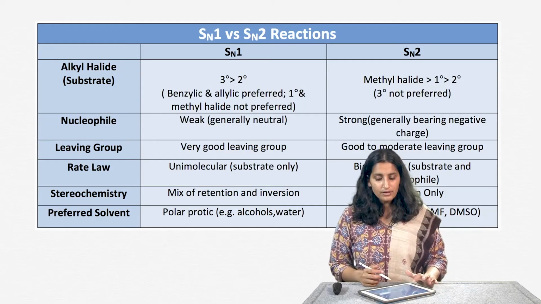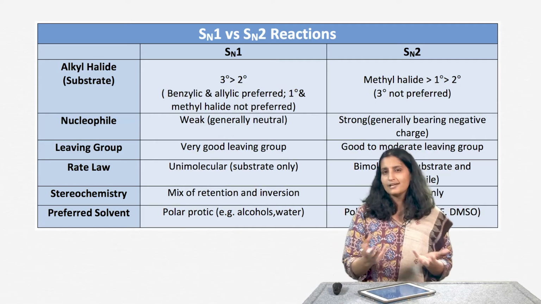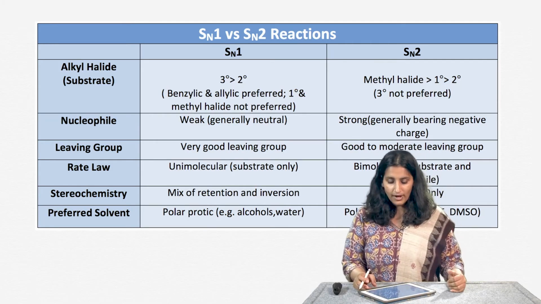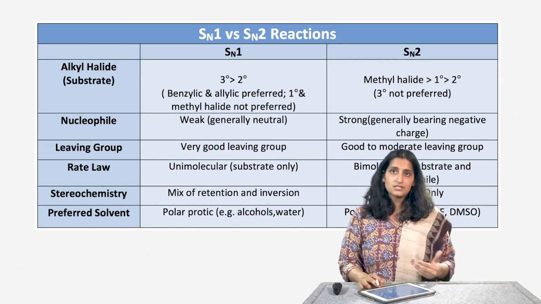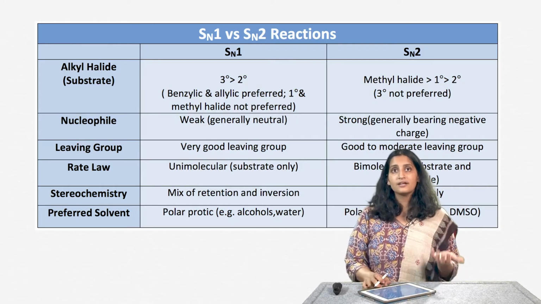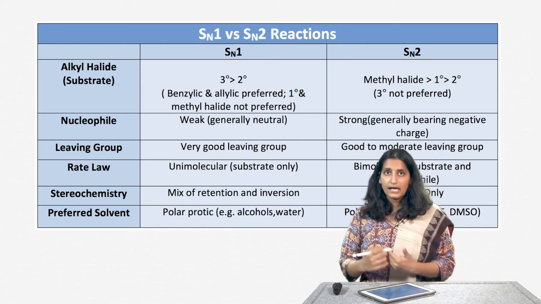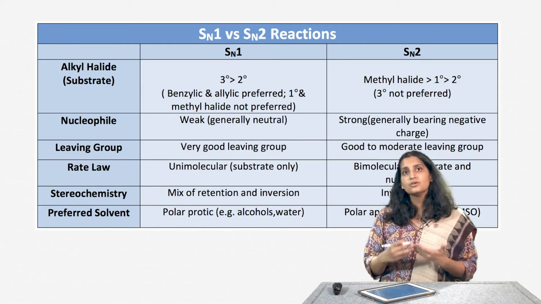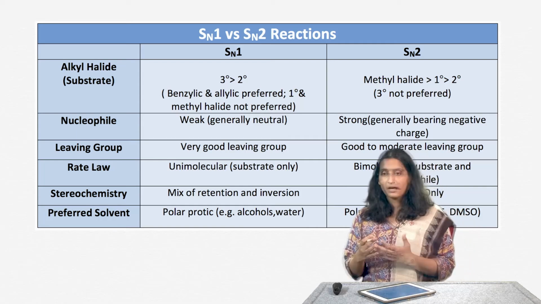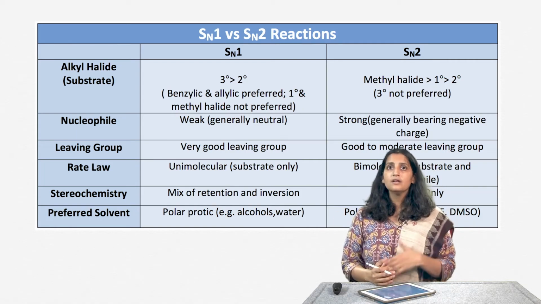So far we have looked at SN1 reactions and SN2 reactions, and let us summarize what they require. SN1 reactions are better for alkyl halides that are tertiary or secondary because they create a carbocation, whereas SN2 reactions require the carbon to be either a primary carbon or a methyl carbon.